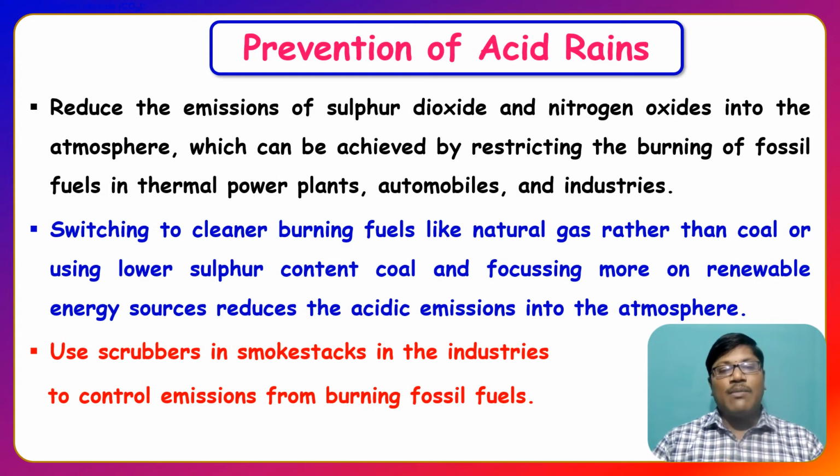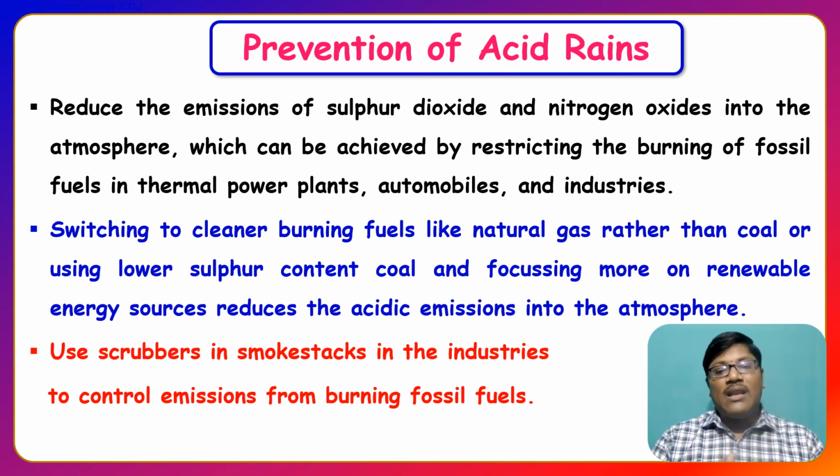Let us discuss the prevention methods of acid rain. The best way to minimize acid rain is to reduce the emissions of sulfur dioxide and nitrogen oxides in the atmosphere, but this can be achieved by restricting the burning of fossil fuels in thermal power plants, different industries and even in automobiles.